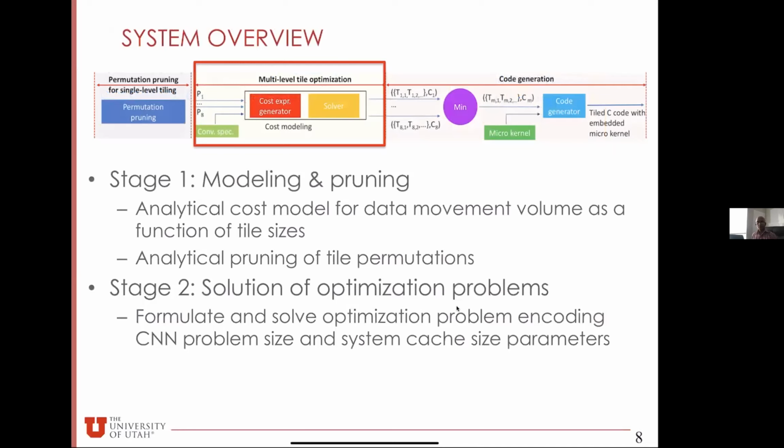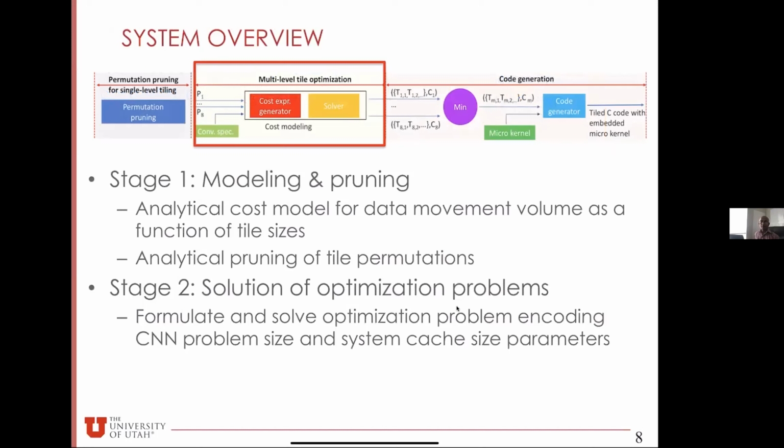So now each of these will have specific parametric symbolic expressions for cost. And so we generate cost expressions, which for a particular CNN convolution specification can be solved using the nonlinear solver to find the optimal tile sizes.